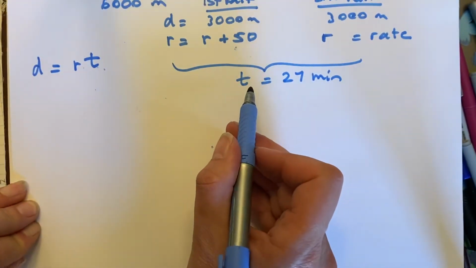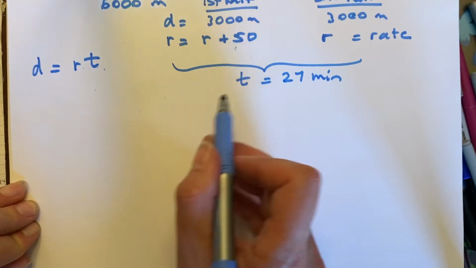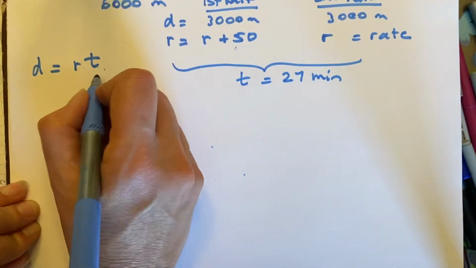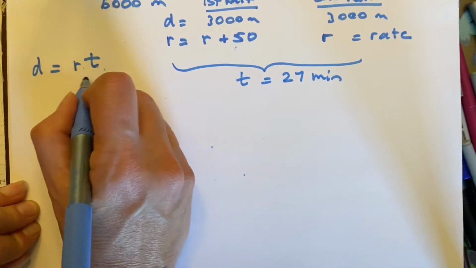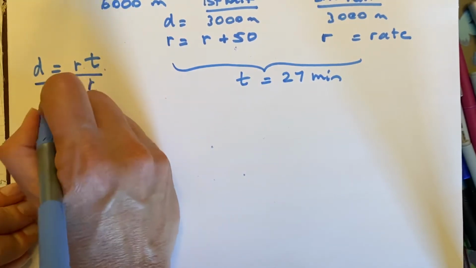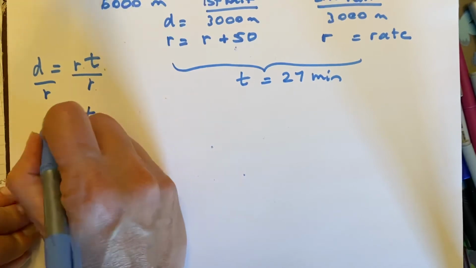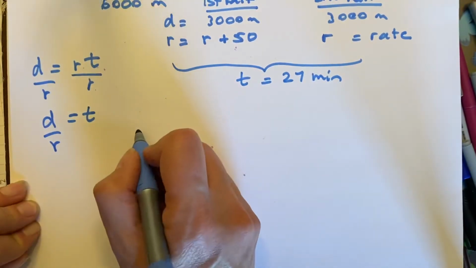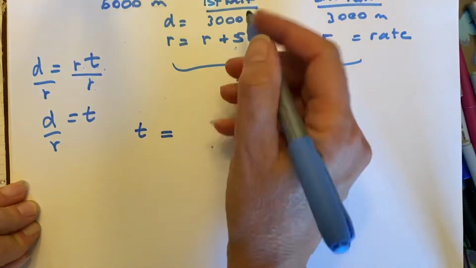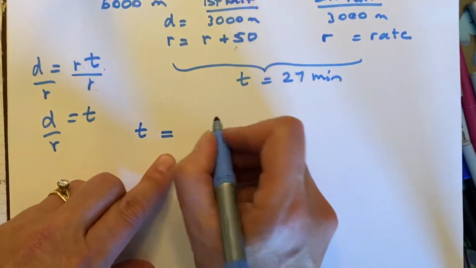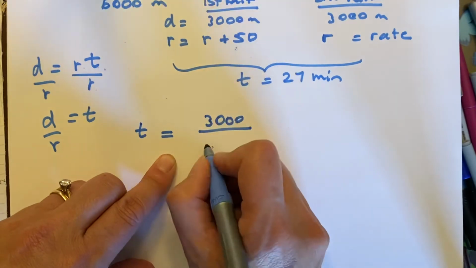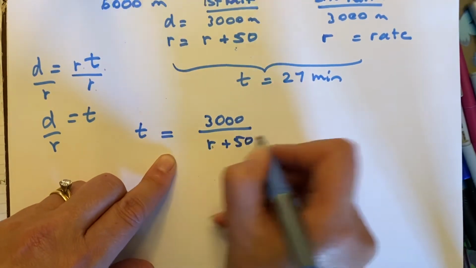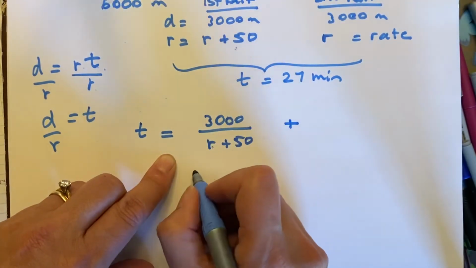But right now we're really talking about the time that the race took, so we're going to put it in terms of t. To get it in terms of t, we divide both sides by r, and we get t equals d over r. So t equals, now the d is 3,000 over the rate, which is r plus 50, for the first half of the race, right?